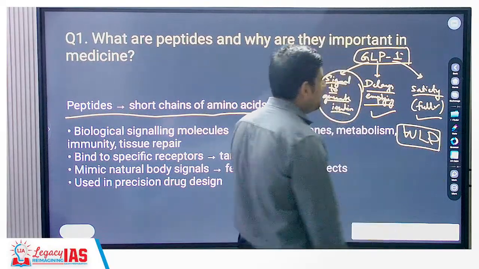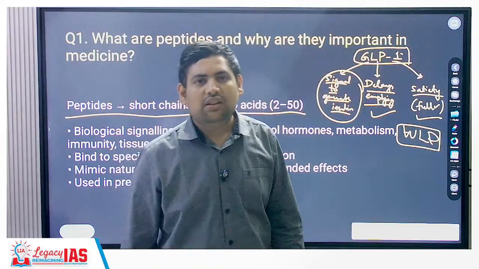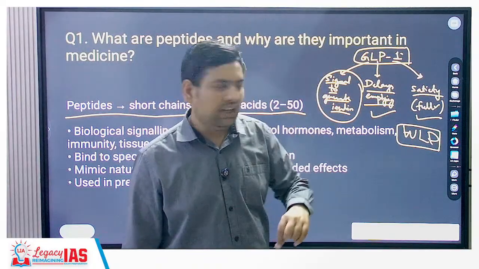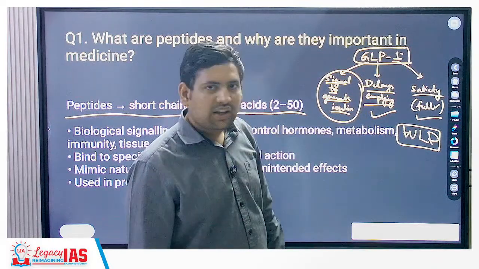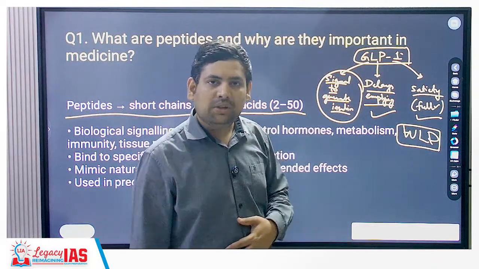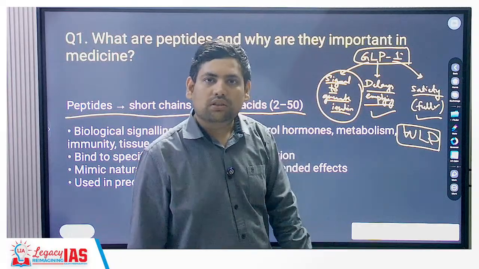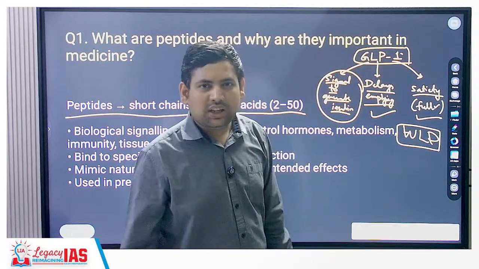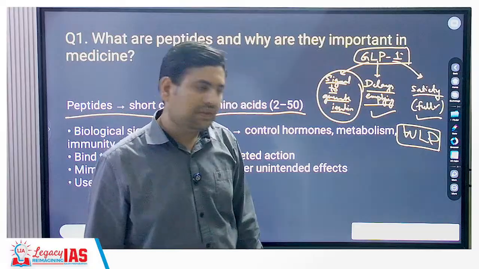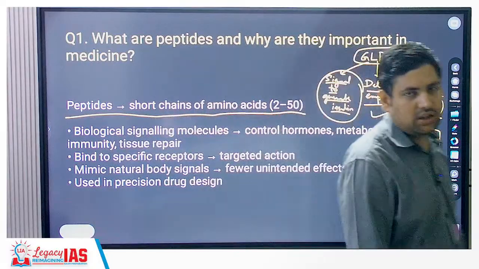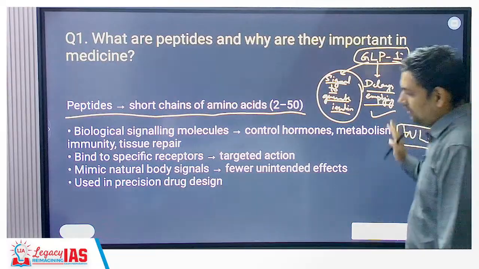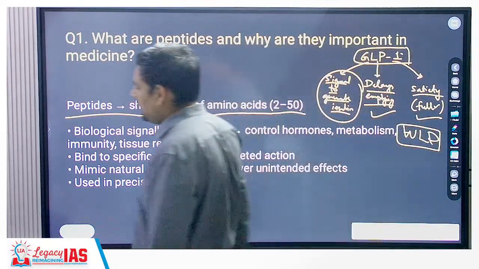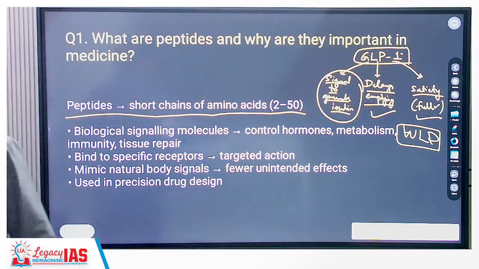Because if any person artificially takes GLP-1 from outside, still he will have delayed emptying and he will feel satiety. That means he will still feel full. Okay, so he won't have to eat anything, and by simple calorie deficit he will start losing weight. Correct? This is what will happen. So now this is how weight loss drugs were made with respect to GLP-1.